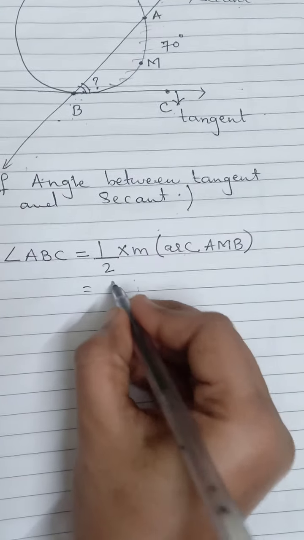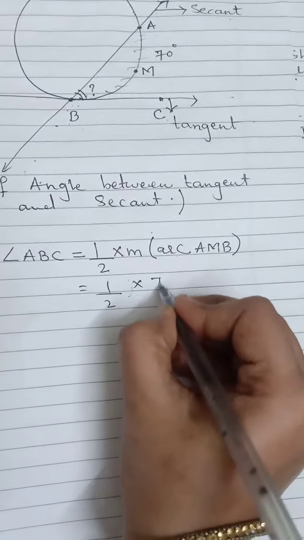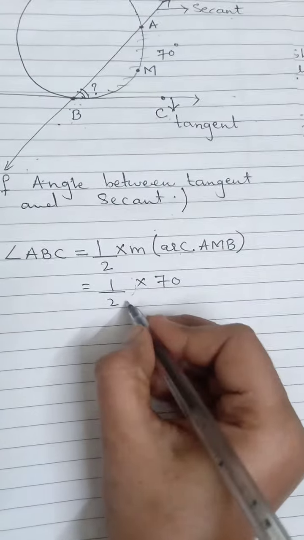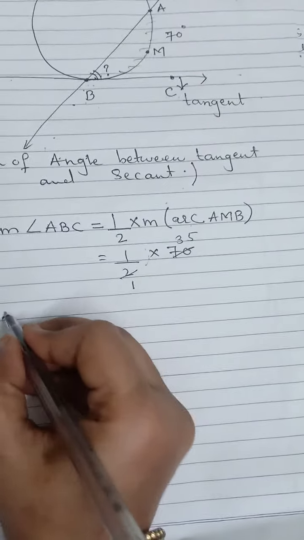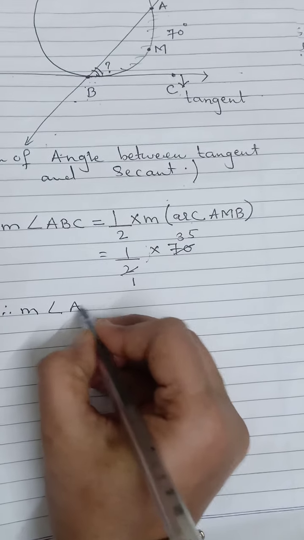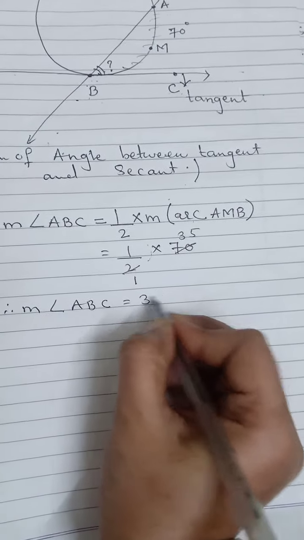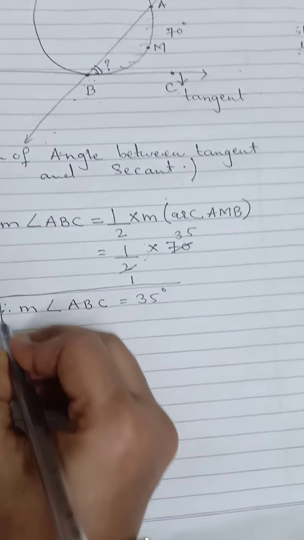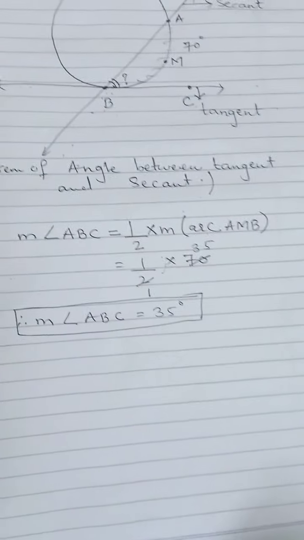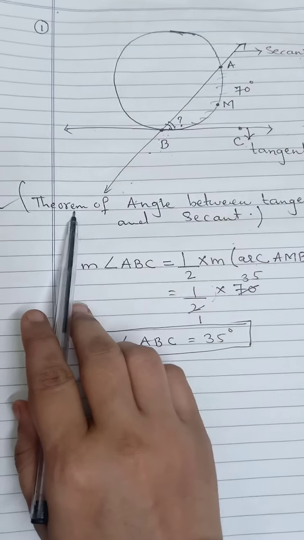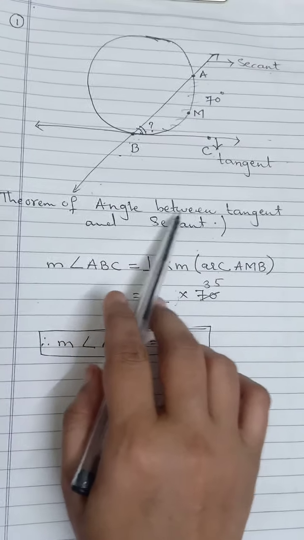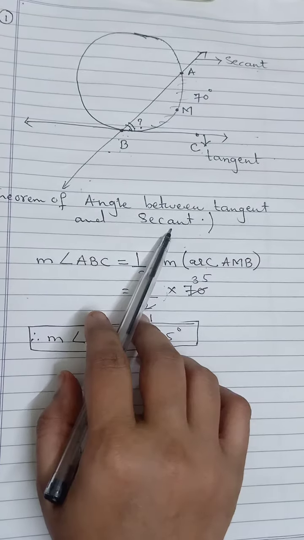How can we find it? It is half. The measure of the arc given to us is 70. So we can divide it: 2 sevens are 14, like that we can find measure of angle ABC, which we have got as 35 degrees. So it is very easy to apply this theorem. Only you have to remember, whenever we use this property, we have to write the reason, theorem of angle between tangent and secant.